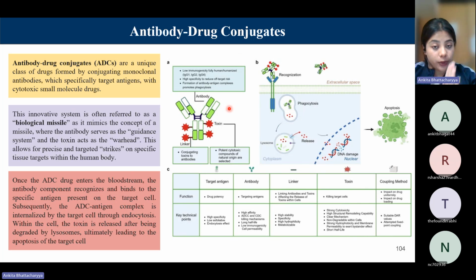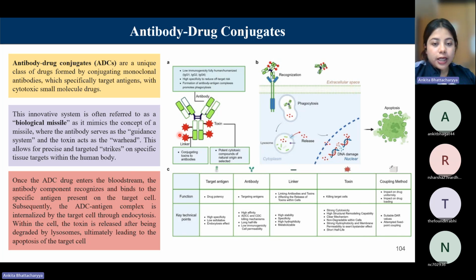So in that case, what you need to ensure is that the antibody itself is not immunogenic, but once the antibody has recognized this particular antigen on your target cell, it is able to trigger the death of the target cell, and itself it should keep on circulating. So it should bind to more and more receptors present on more and more target cells, and it should be able to trigger their death as well.